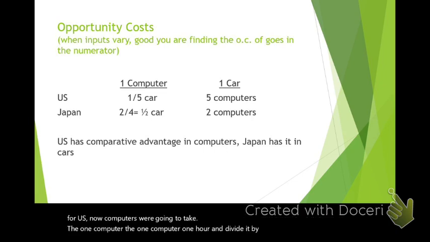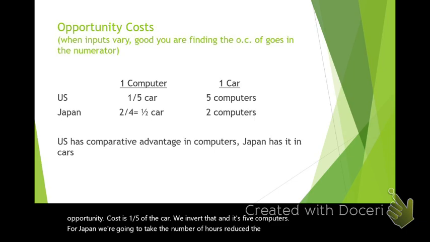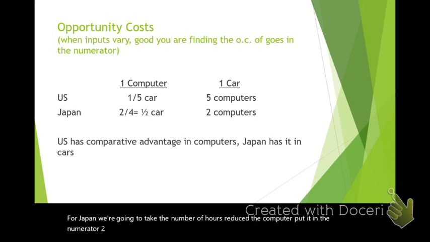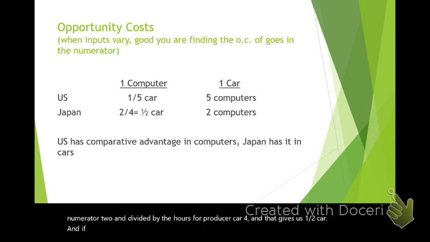So that one computer's opportunity cost is 1/5 of a car. We invert that and it's 5 computers. For Japan, we take the number of hours to produce a computer, 2, in the numerator, and divide it by the hours to produce a car, 4, and that gives us 1/2 car. And if we invert that, 1 car costs Japan 2 computers.